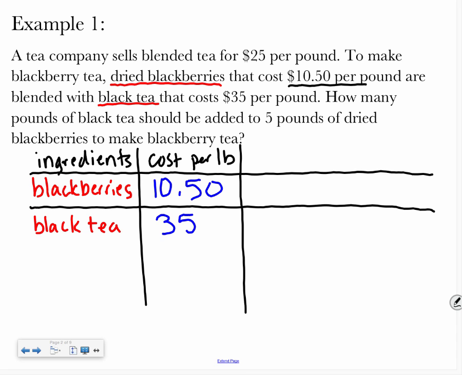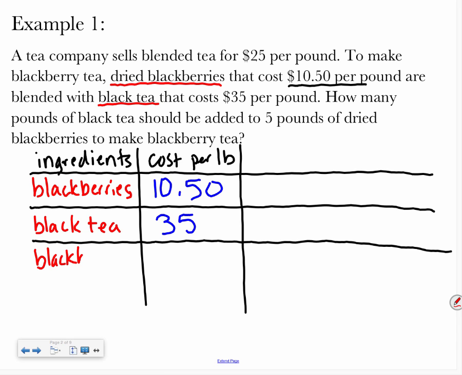And we want to know how many pounds of black tea should be added to 5 pounds of dried blackberries to make blackberry tea. So we have another type of tea here, blackberry tea, and I need to add that to my list as well. Fairly often, unless you're doing a distance problem, in this first column you're going to have 3 different items, okay?